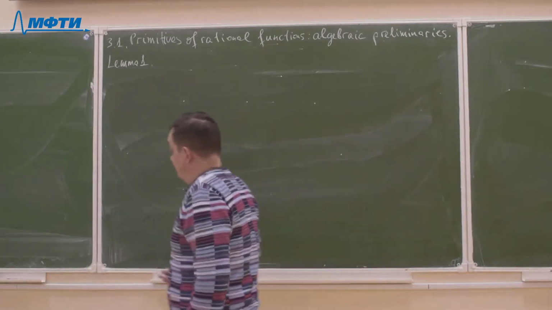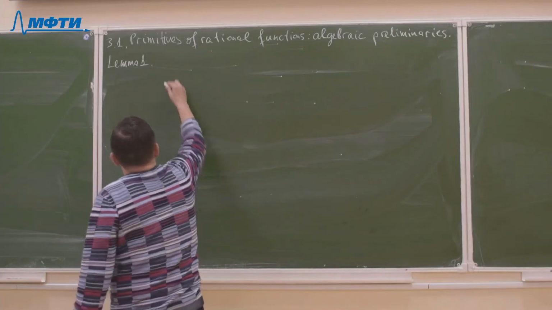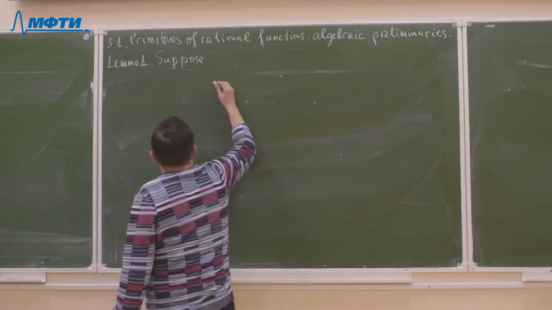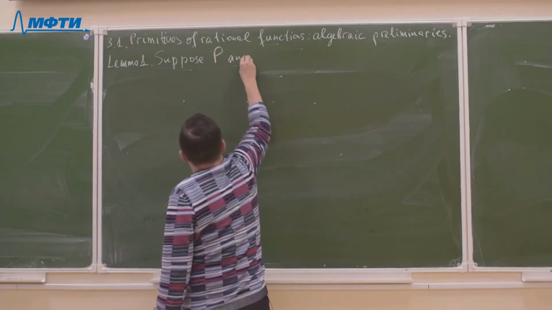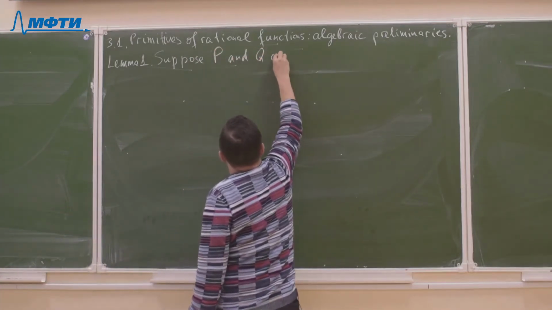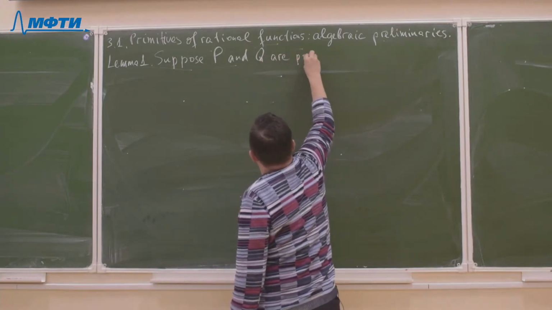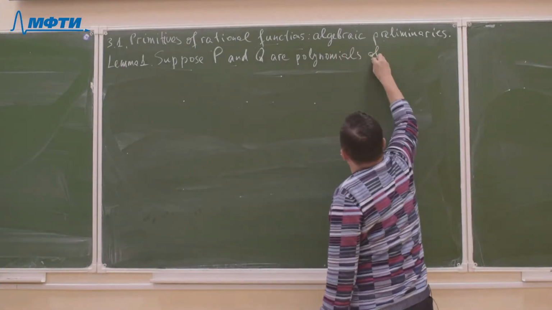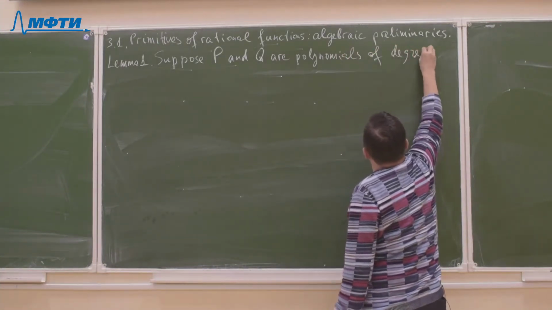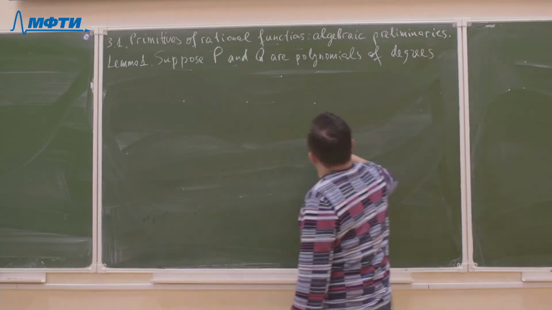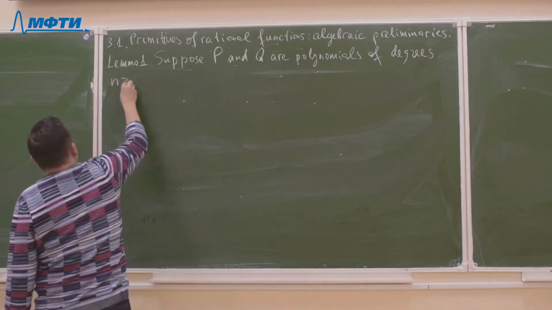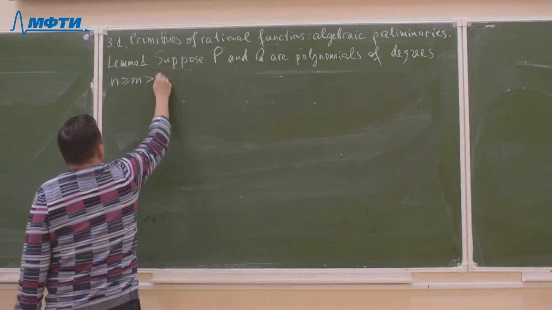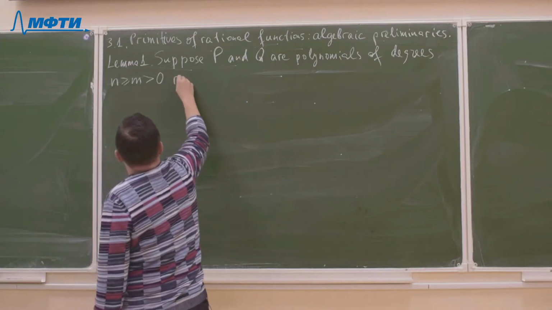So that is, suppose P and Q are polynomials of degrees n greater or equal to m greater than 0 respectively.